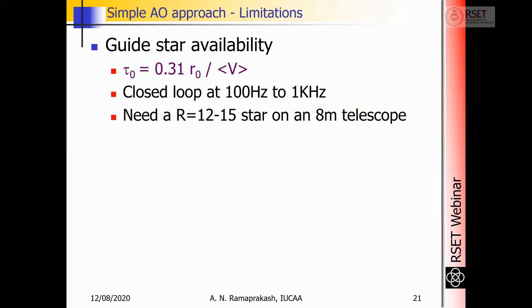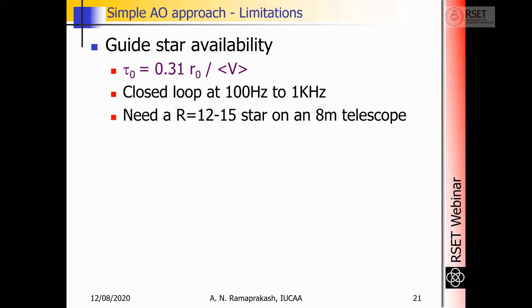So if you take any random galaxy in the sky, the chance that you might find a bright star right next to it is very, very slim. While an adaptive optics system can in principle work if a bright star is available next to your target, in 99% of the sky you may not find a bright enough star to work as your reference beam.